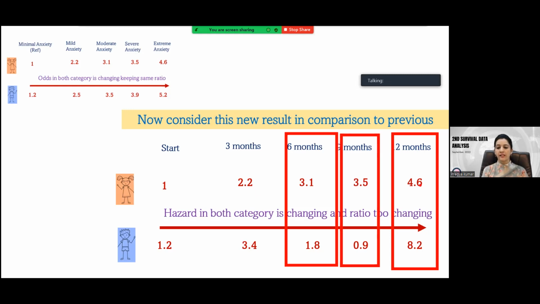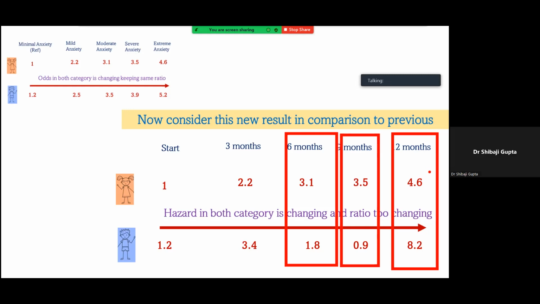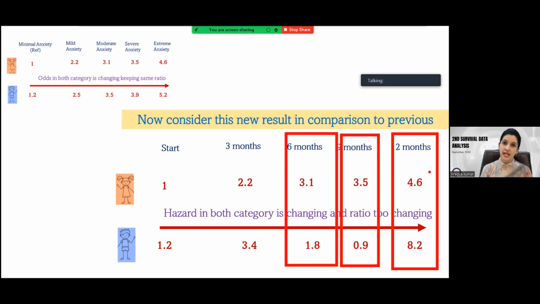In that case, what should I do? Now, Dr. Shivaji, can you answer this? What option do I have? The extended variant of Cox. Yes. Okay, in that case, I cannot go for Cox proportional hazard. There are varieties of Cox regression. Right now, we are discussing Cox proportional hazard.